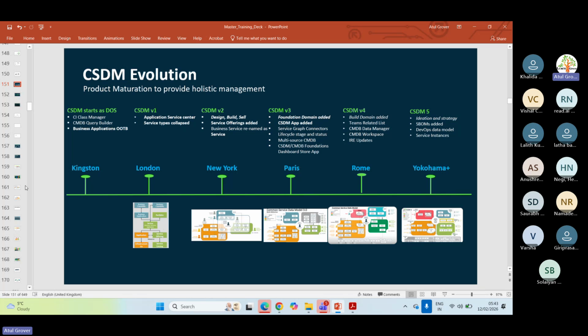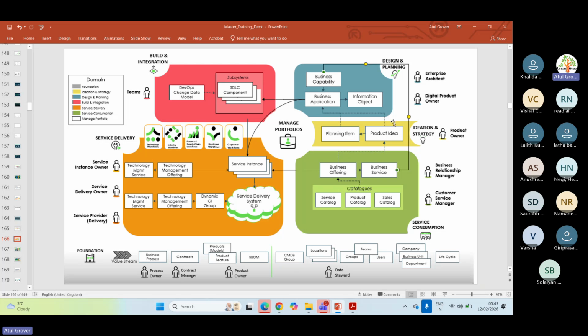The picture you are able to see here is a very, very ideal picture. Even though ServiceNow says this, implementing every component of this picture for a customer is an ideal situation.